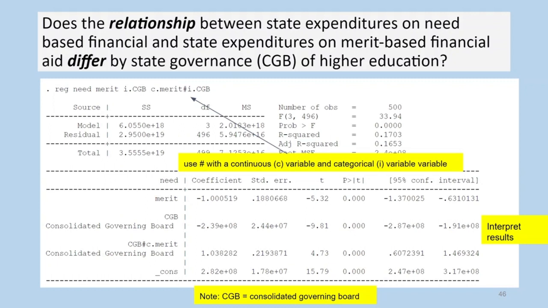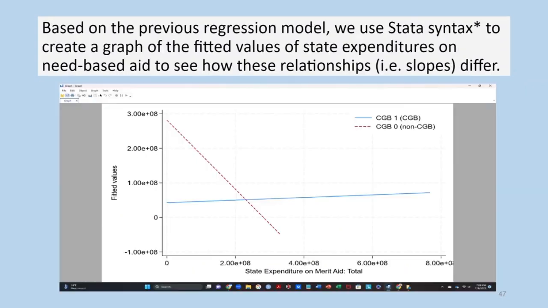So after you run this, you can use a syntax that starts with predict, and I could show you if you're interested in that, and that would create this fitted set of values in your data set. But you're not going to pick it up from here. So essentially though, what we're graphing is sort of that interaction. Yes, you're graphing the interaction here, and you're showing how the slope differs by the type of governing board that you have.